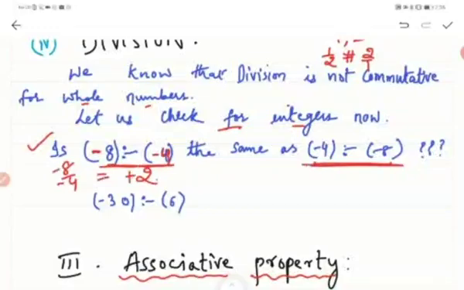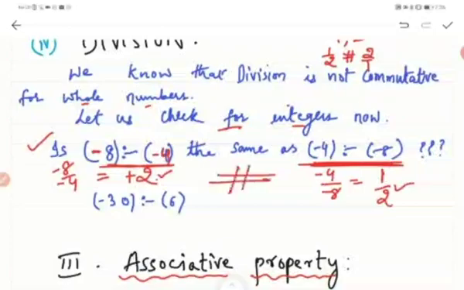What about this? Here it is minus 4 divided by 8, so what is the answer here? It is minus 1 by 2. So these two are not equal.